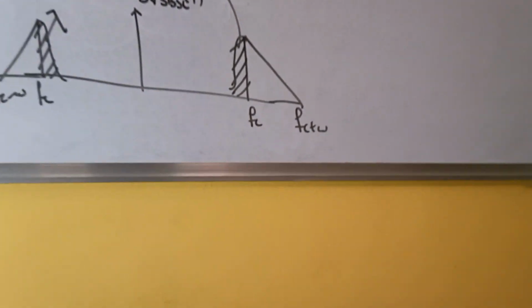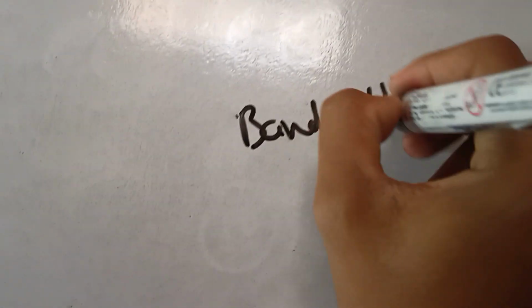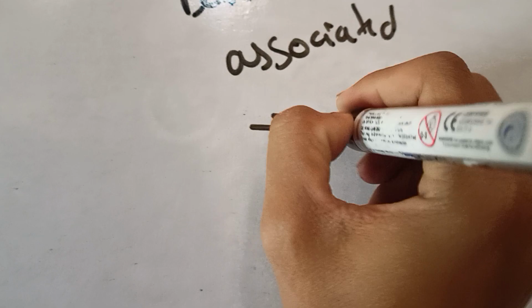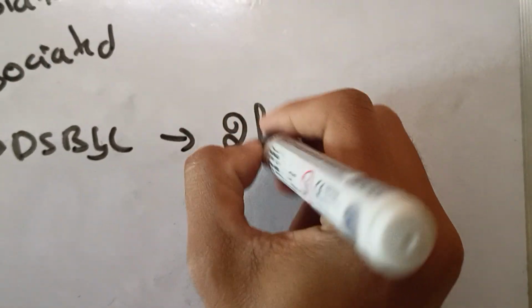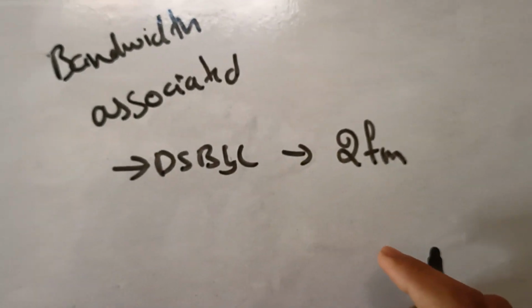So what is the bandwidth associated with VSBSC? For DSBSC, we know that we used to have twice the bandwidth of the message signal.